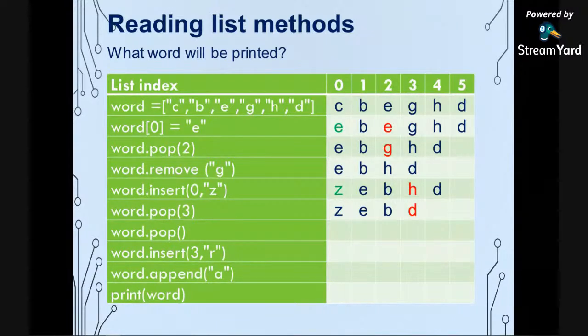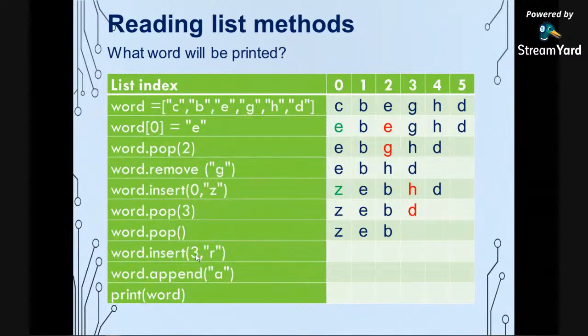Then it says word.pop(). That just means we're getting rid of the last item in the list. That will always be the final item in the list. So Z, E, and B. Because it doesn't have anything in between the brackets, we're getting rid of just the last item in the list.